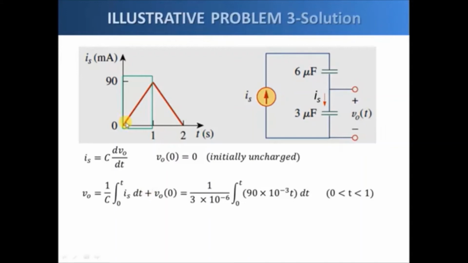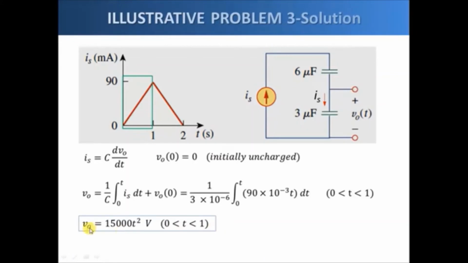This is a straight line, and that is actually 90 times 10 to the minus 3 t. So we substitute that function into the integral and solve for V sub O. This is the voltage across the 3 microfarad capacitor between 0 and 1 second.